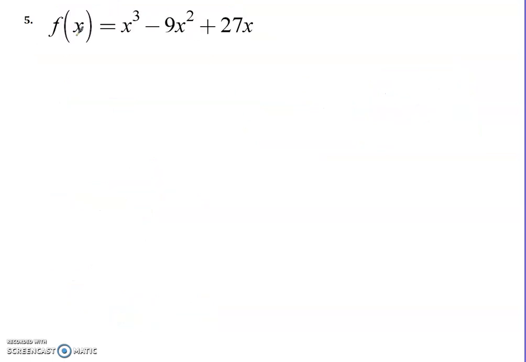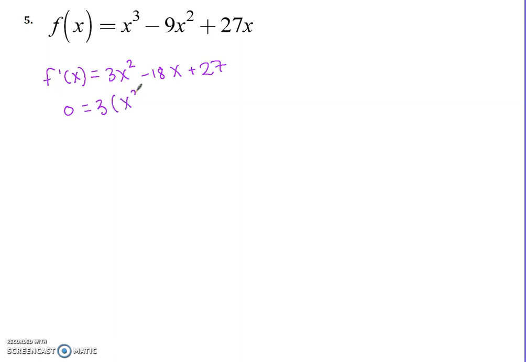So if we look at this one, we've got f of x equals x cubed minus 9x squared plus 27x. Okay, so we're always going to look at that first derivative first. So that'll be 3x squared minus 18x plus 27. This one I'm going to have to factor.